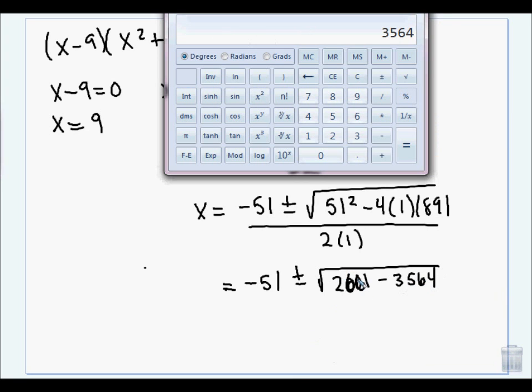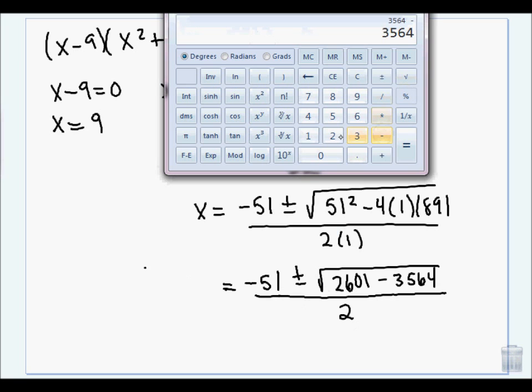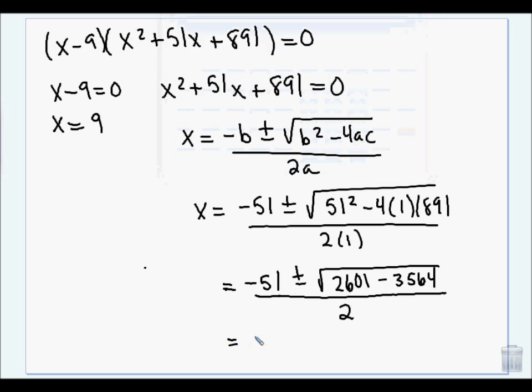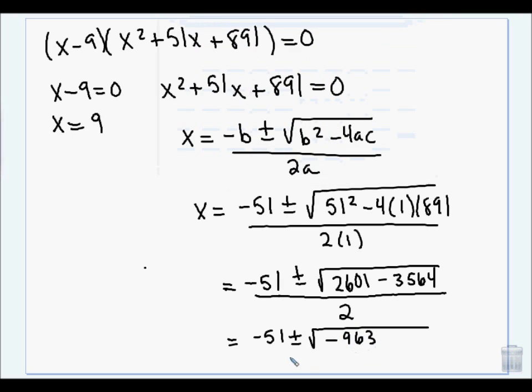What was that number? 2,601. Let me fix it. And this is all over 2. So it is negative 51 plus or minus the square root of negative 963 over 2.